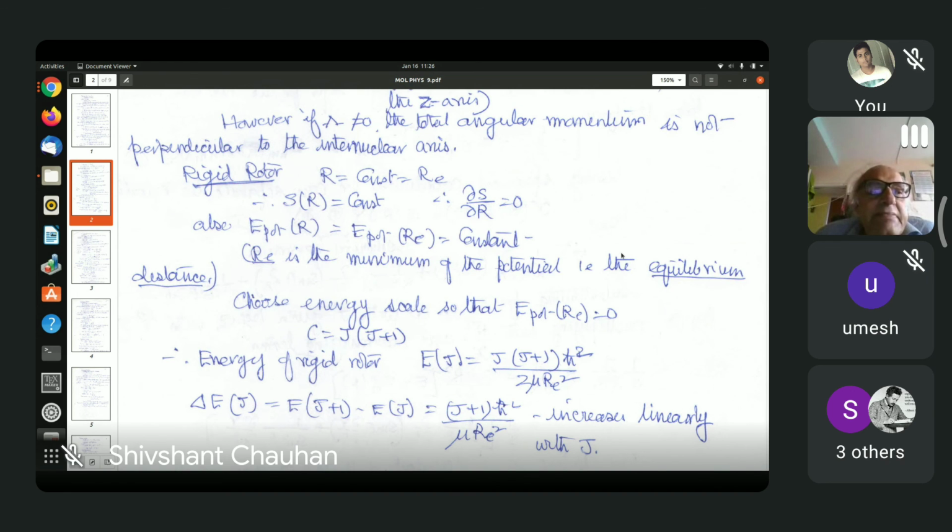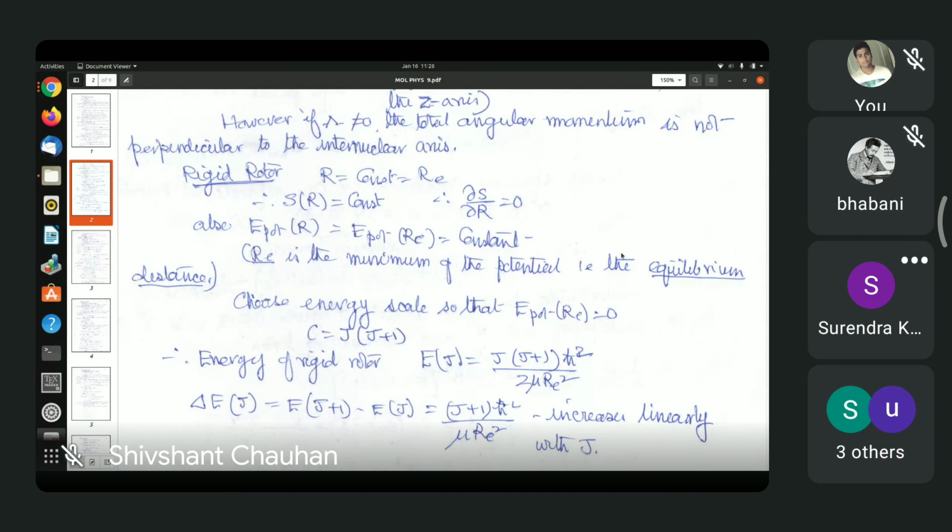The R does not change, and so the potential energy between the nuclei, the Born-Oppenheimer potential energy, also remains constant at R_E. And we know that the energy of a rigid rotor is equal to J(J+1)ħ²/2μR_E². We know that already, right? Yes, sir. So these will be the energy levels of rotation.